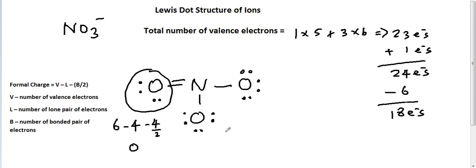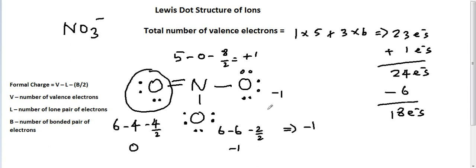For the second one, it is 6 minus 6 minus 2 by 2, which is minus 1. This oxygen is similar to that oxygen, so even this is going to have a formal charge of minus 1. And for nitrogen, it is 5 minus 0 minus 8 by 2, which is plus 1. When we take the algebraic sum of all the formal charges, we finally get minus 1, and it matches with the overall charge of the ion.